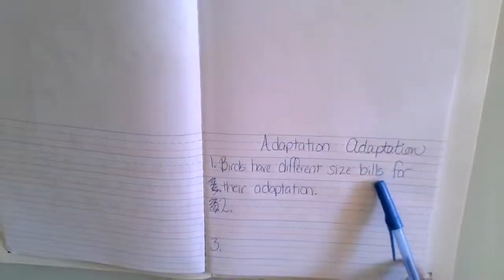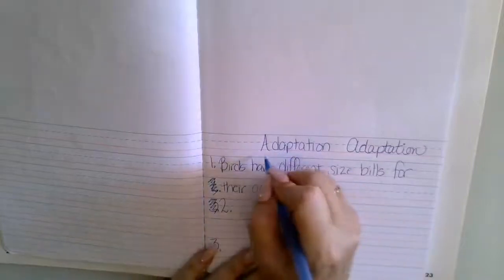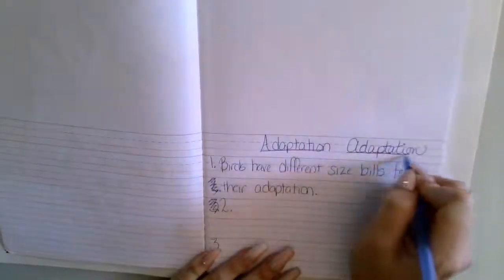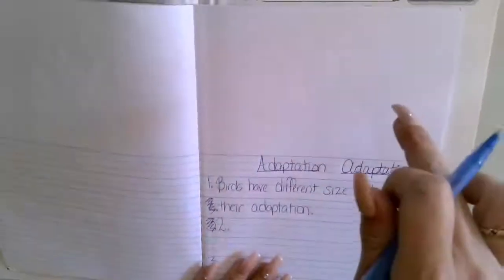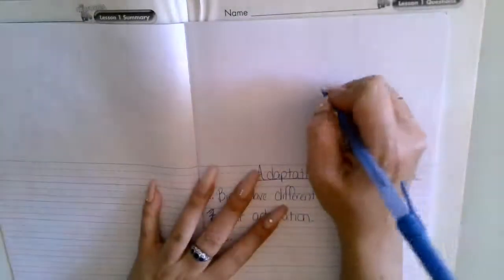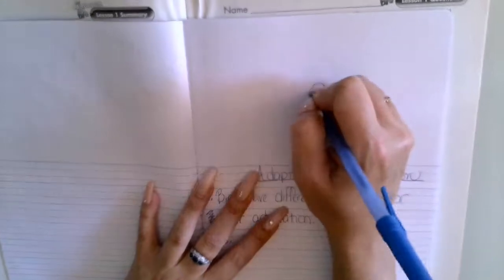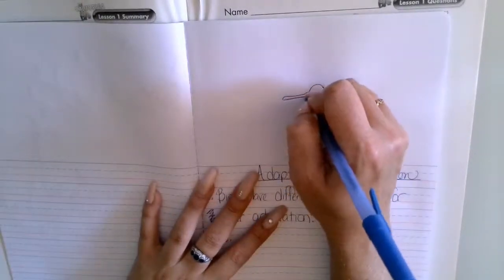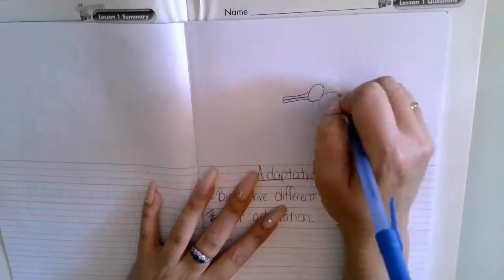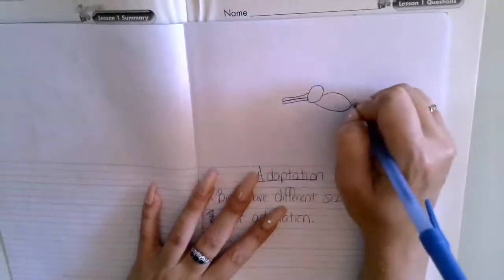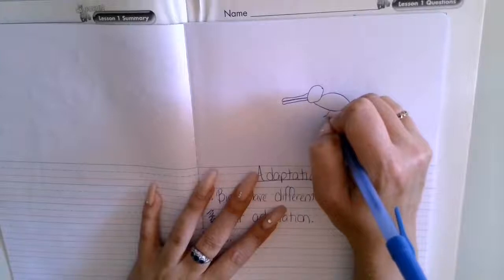Now, watch your video. If you want to copy my adaptation, you can. Watch your video and come up with 2 other adaptations, 2 different ones, and then you choose your picture to draw. Now, those of you that know me, I am not a great drawer. So some birds have really long, I don't know what kind of bird this is, so don't ask me.